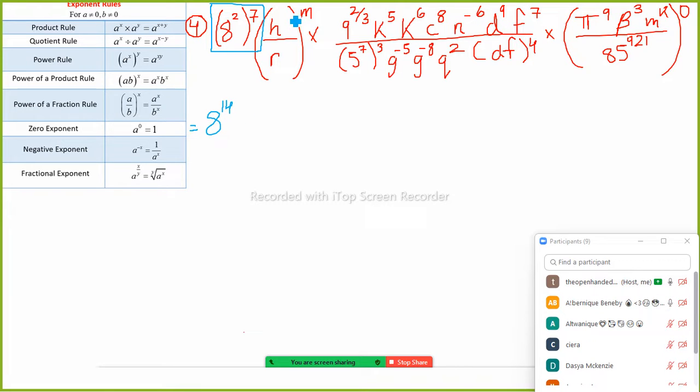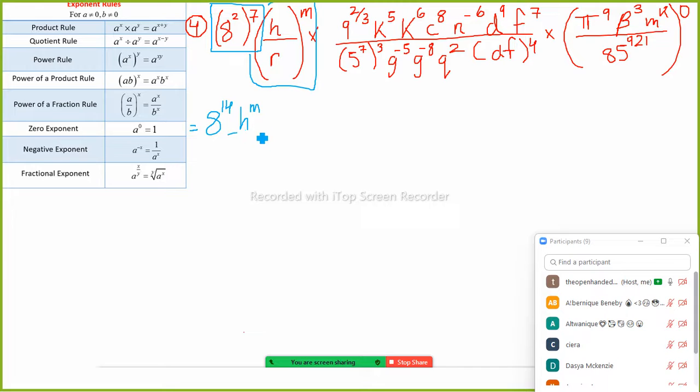Albernic, can you help me with the second one? I got H to the M and I put a cross line and I put R to the M. Very good.